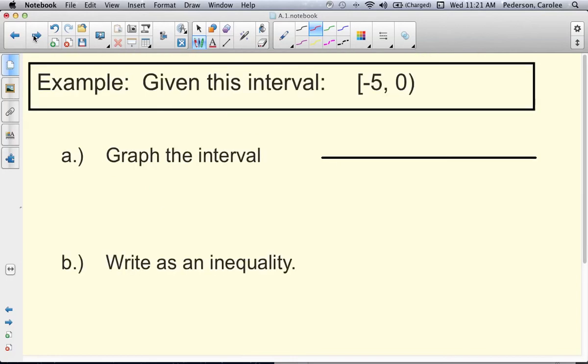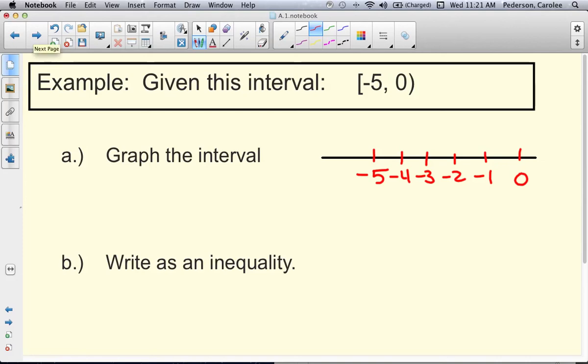Our last example is now we give you an interval, and we want you to graph that interval and then write it as an inequality. So this interval is saying I have -5, I'll go -4, -3, -2, -1, and 0.